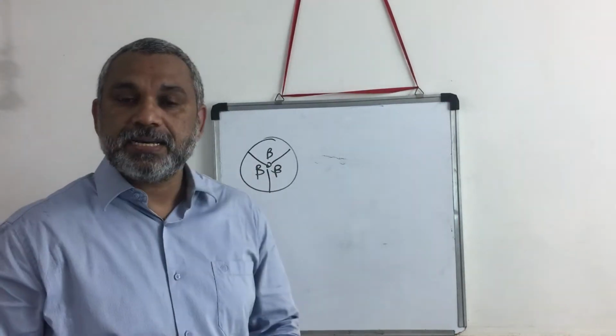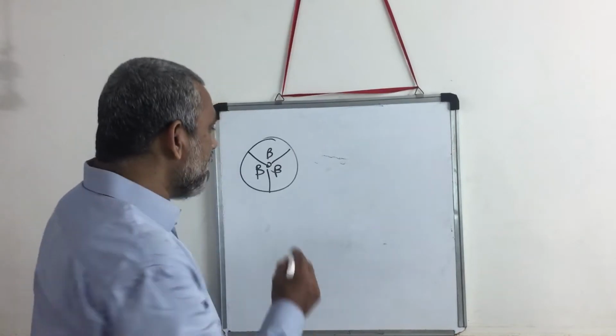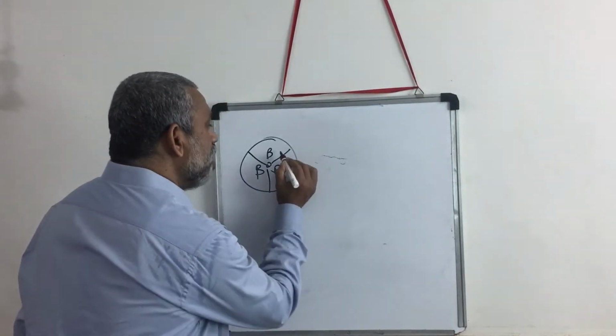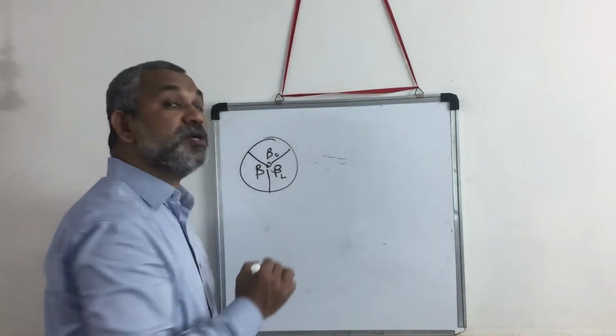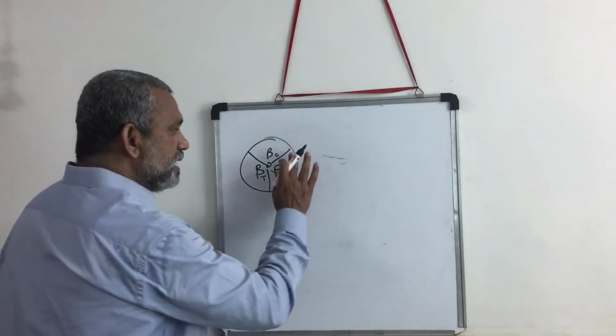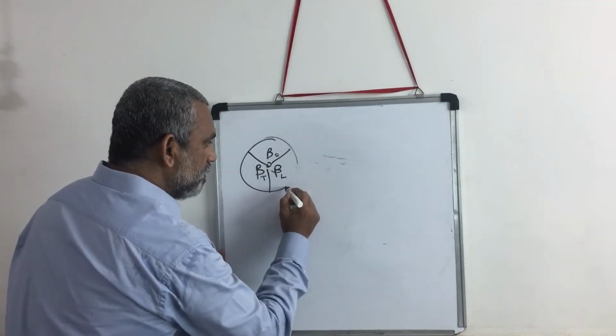This beta exists in 3 forms. One will exist in a loose conformation, one in an open conformation, and another in a tight conformation.